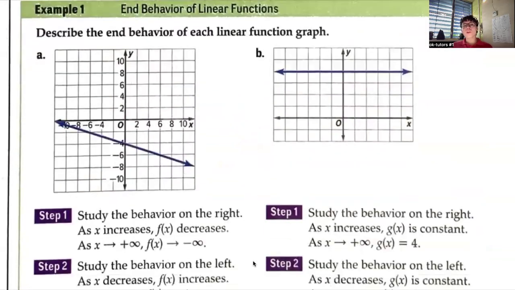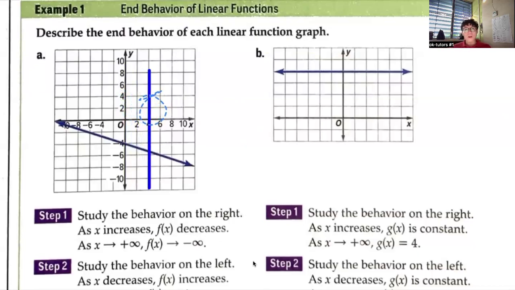Now, look at this one. Describe the end behavior of each line function graph. So this one's a little bit different, right? Because in this one, when we go from left to right, when x tends to positive infinity, y is going downward. So y is now going to negative infinity.